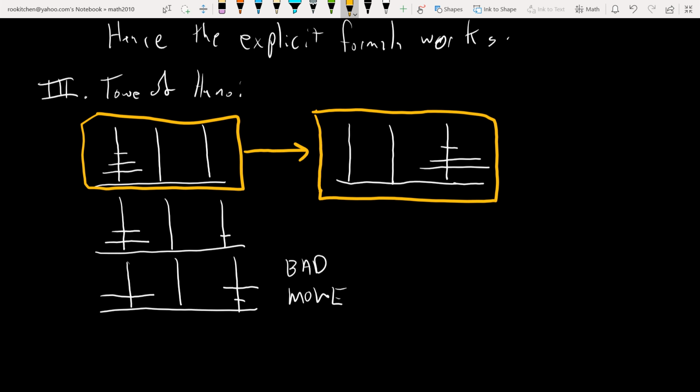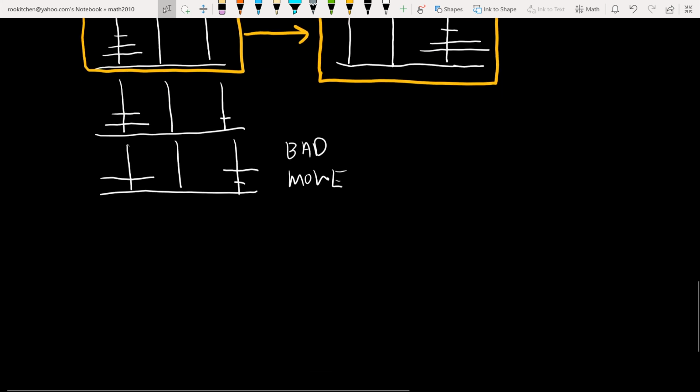Okay, our objective is to find a recursive formula to tell us how many moves it takes to get from the first yellow box to the second yellow box. Okay, and we'll first start by defining this m sub n, or if you want m sub k or whatever.